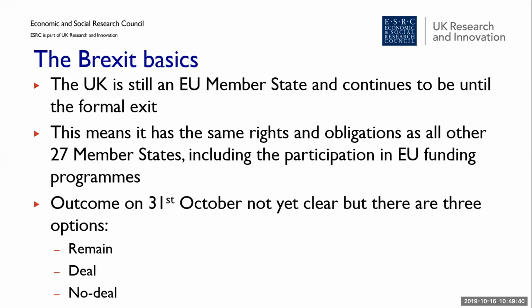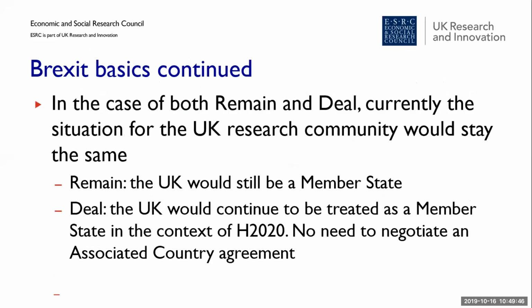We still have the right to participate in EU funding programs, so we're still treated as normal. If we remain, or if there is a deal found, this would stay the same. So for Horizon 2020, we would still be treated as a member state. If there was a deal, there would be no change. There's no need to negotiate an associated country agreement in the current deal. Everything would carry on as normal.